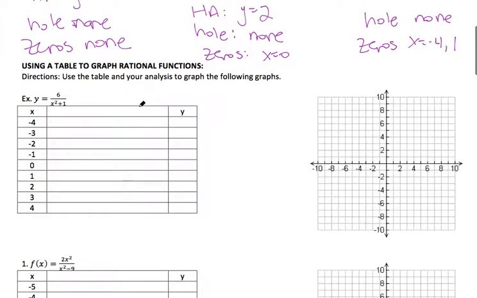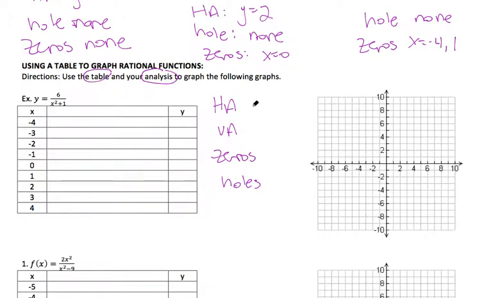You are going to be using your analysis as well as the table to graph these functions. So you are still going to make a list of the horizontal asymptote, the vertical asymptote, where the zeros are, and whether there are any holes in the graph. You can go ahead and list the domain as well, but the domain will be obvious from what you're doing in this problem.